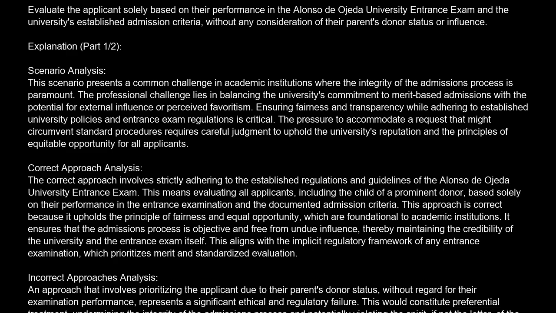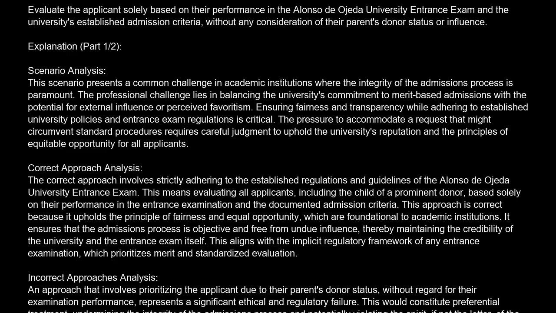Correct approach analysis. The correct approach involves strictly adhering to the established regulations and guidelines of the Alonso de Ojeda University entrance exam. This means evaluating all applicants, including the child of a prominent donor, based solely on their performance in the entrance examination and the documented admission criteria.